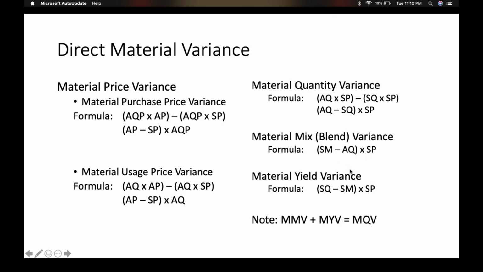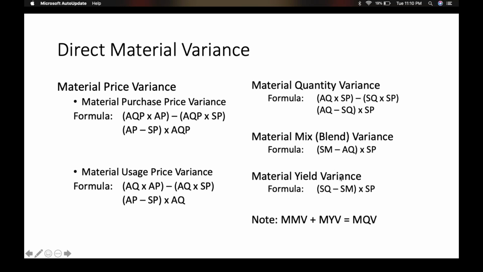I guess for you to easily memorize or understand this one, like I've said, material mix variance plus material yield variance is also MQV. In the formula here, we have AQ minus SM times the SP, and SQ minus SM times the SP.